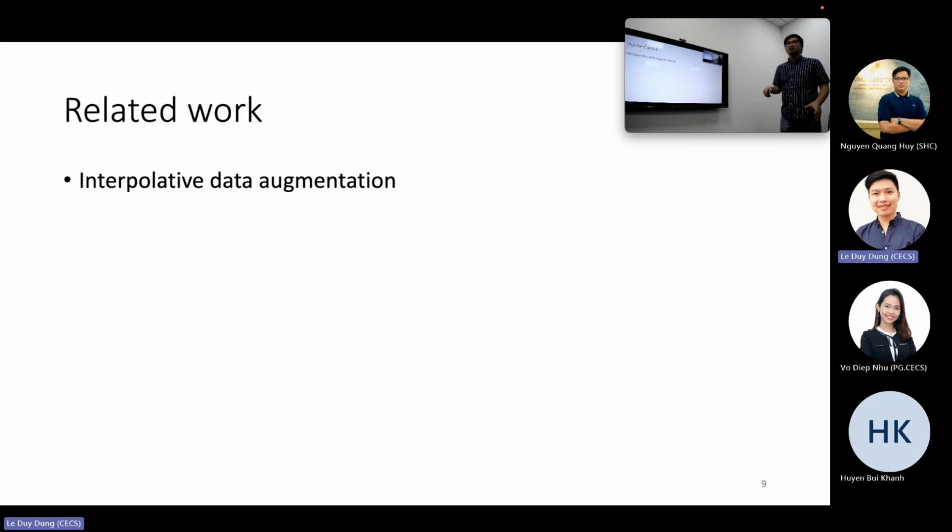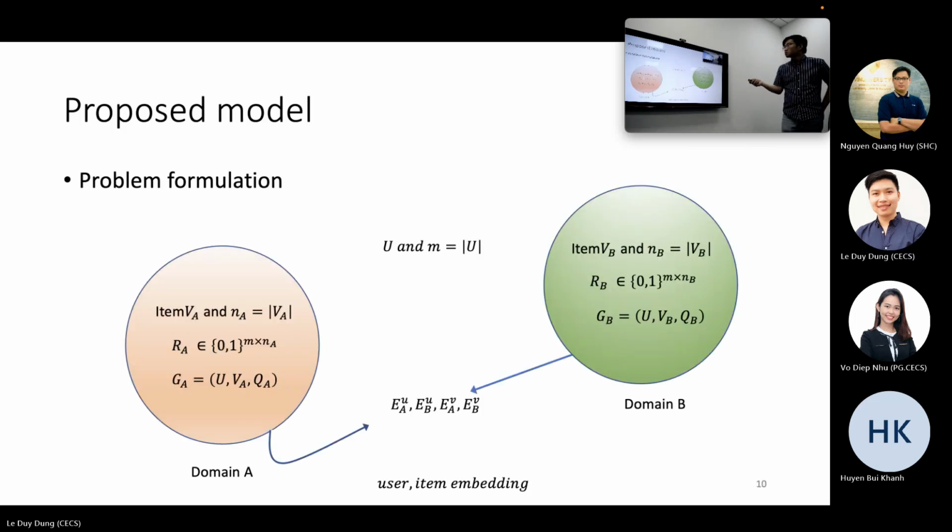Interpolative data augmentation, like we have multiple information. So I will present their framework. This is the notation we need to read before we explore their proposed method.